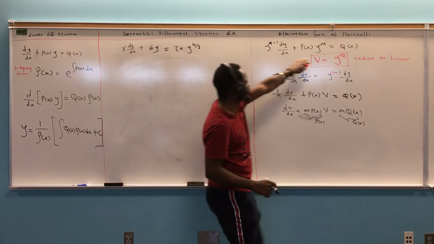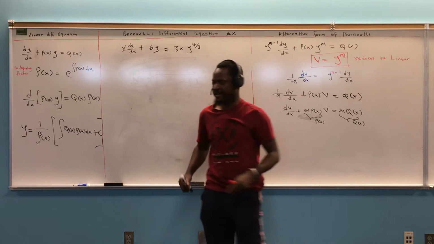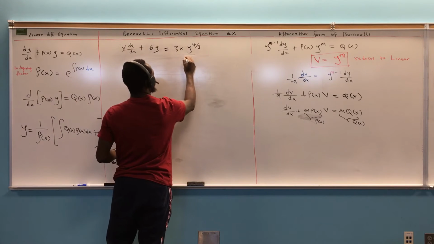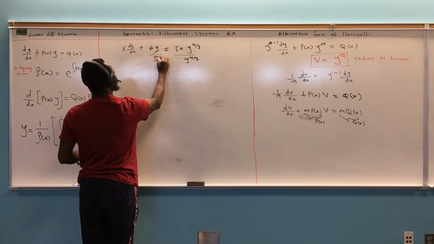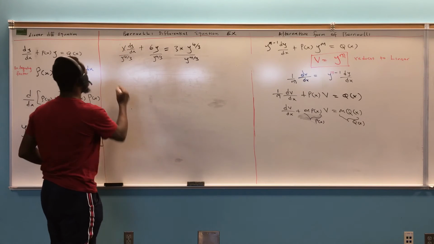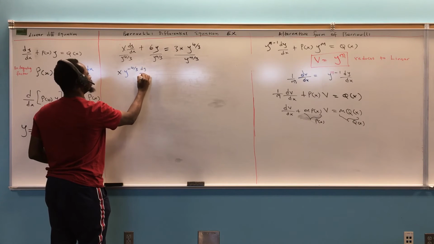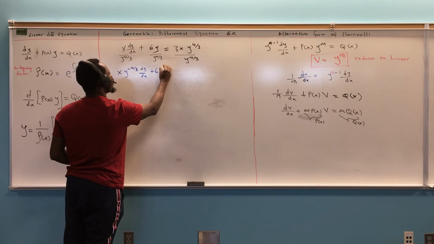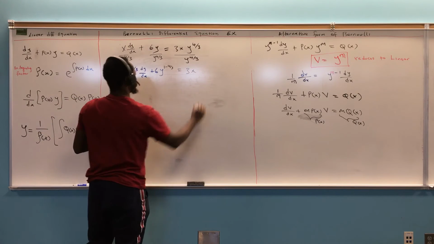I want it to be in this form. If you notice, q of x has no y here, right? So to write it in that form, you just divide all through by this. This becomes x y^(-4/3) dy/dx plus 6 y^(1-4/3) is equal to 3x.